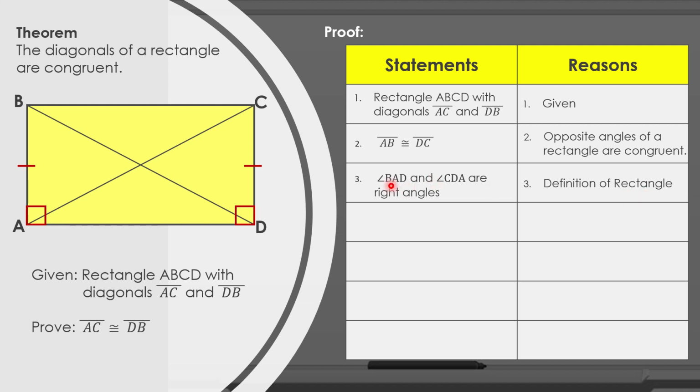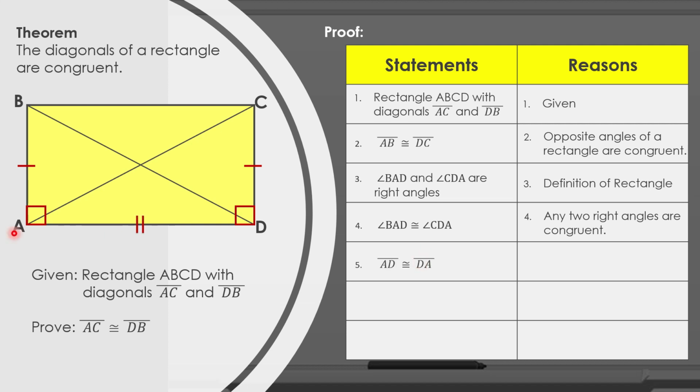Then since these two angles are right angles, we can say that angle BAD is congruent to angle CDA since both measure 90 degrees. For the reason, any two right angles are congruent. So if you notice, we have here two opposite sides which are congruent and two angles that are congruent to one another. So let's have another one.